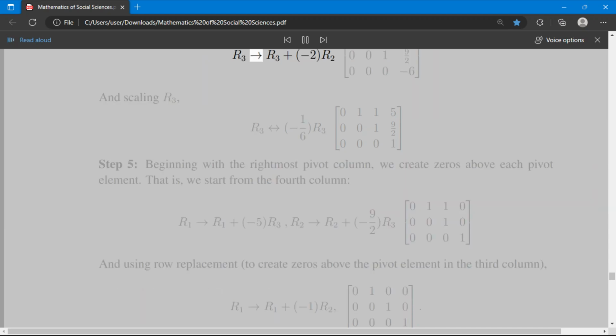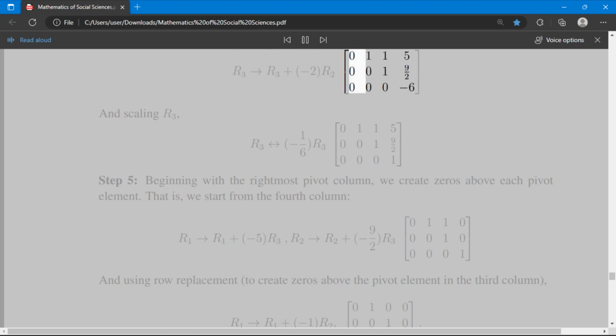And applying row replacement rule, R3 goes to R3 plus 2 R2, giving 01150019200006, and scaling R3, R3 goes to 1/6 R3.